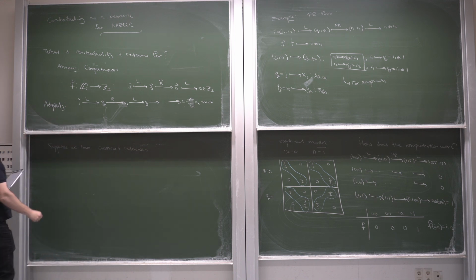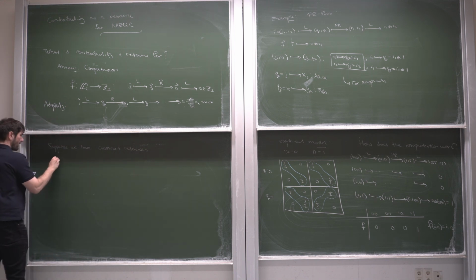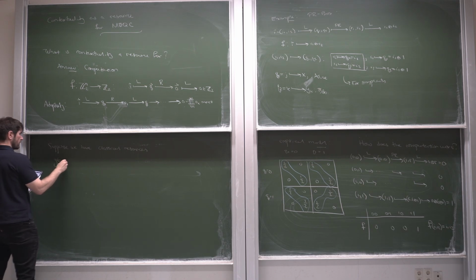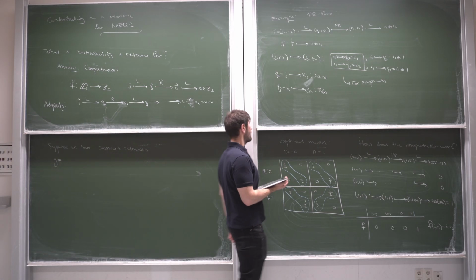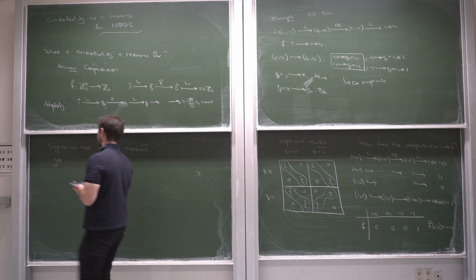So what do I mean by classical resources? Say I have a global outcome assignment. And what do I mean by that? I mean assigning to each measurement input a predetermined value.